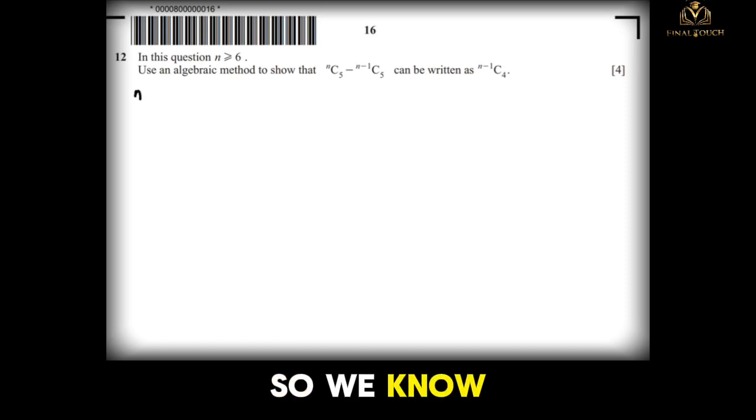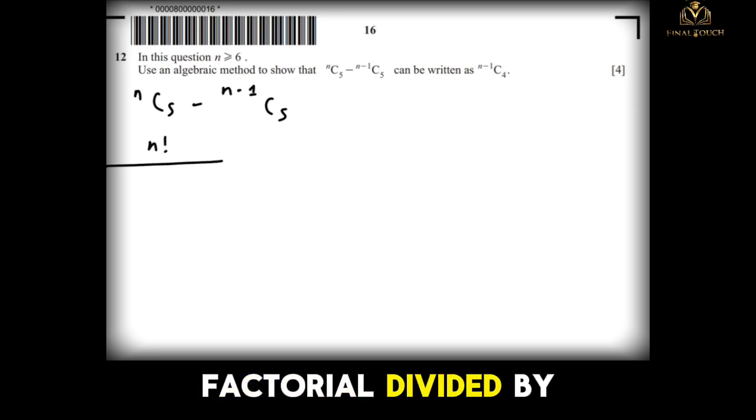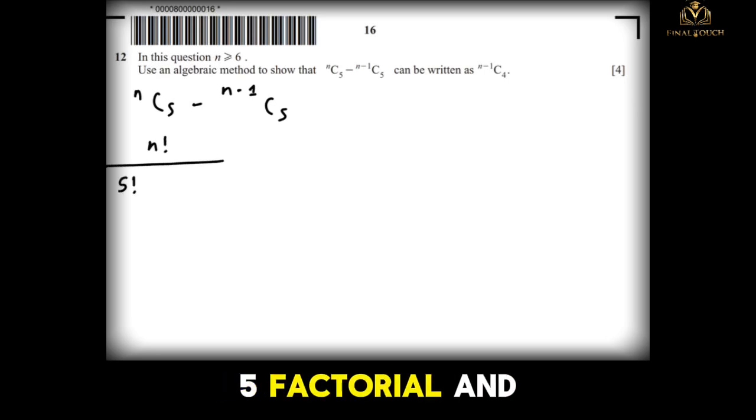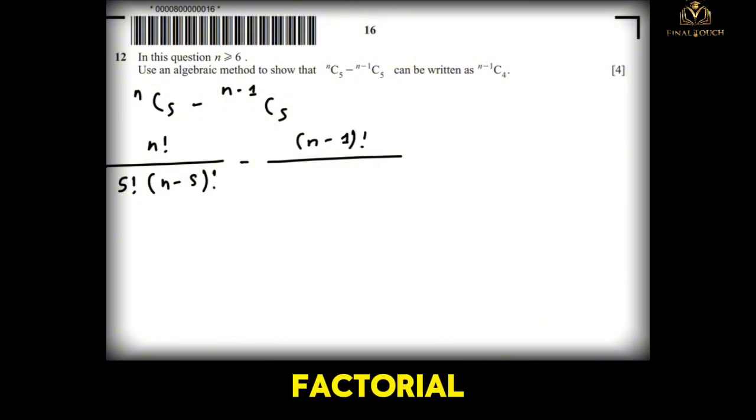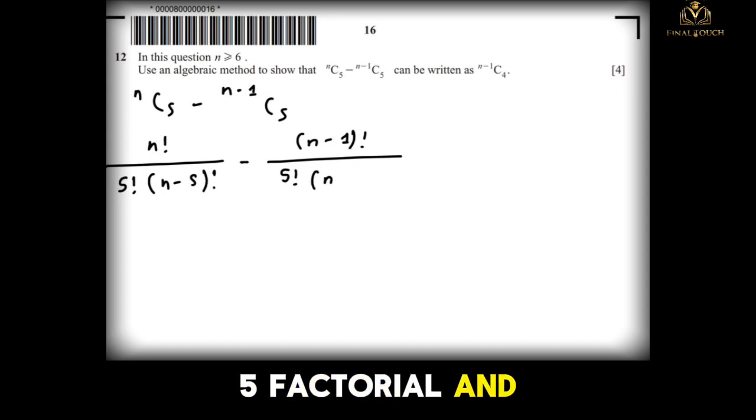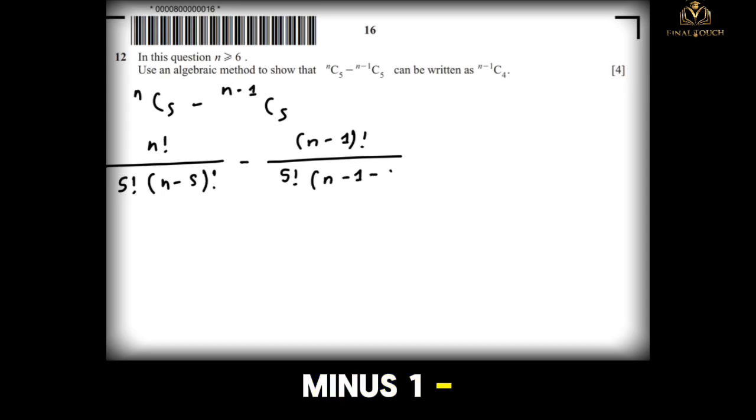So we know, minus. So that would give us n factorial divided by 5 factorial into n minus 5 factorial, minus n minus 1 factorial, 5 factorial, n minus 1 minus 5 factorial.